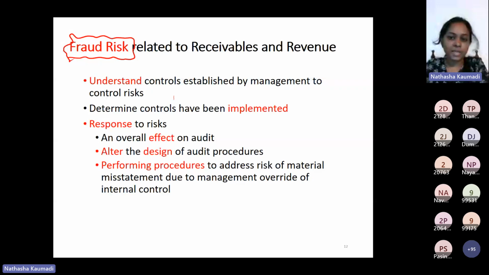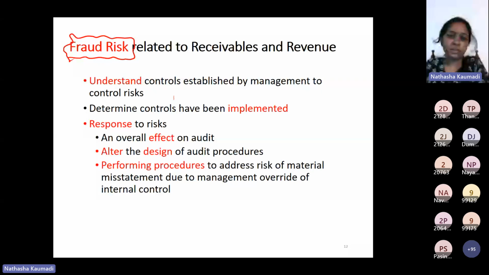Understand controls established by management to control risks. Since this is a very risky area, revenue and trade receivables, you need to check whether there's a fraud risk as well, whether the fraud risk is high in this organization. That is why you need to have a good understanding about the controls first. Because if there is a sound control system, most of the time we can avoid those frauds, but not 100%, right?